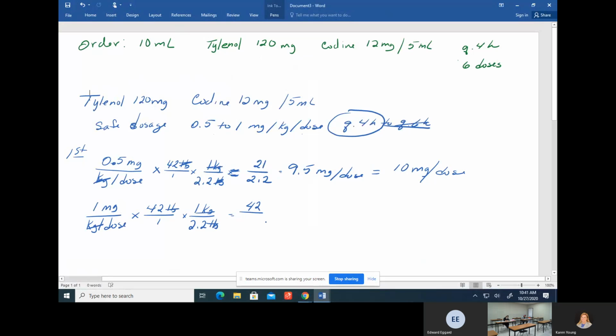Pounds cancel. Divided by 2.2, and I'm going to get 19.1 milligrams per dose. Or I could say 19 milligrams per dose.